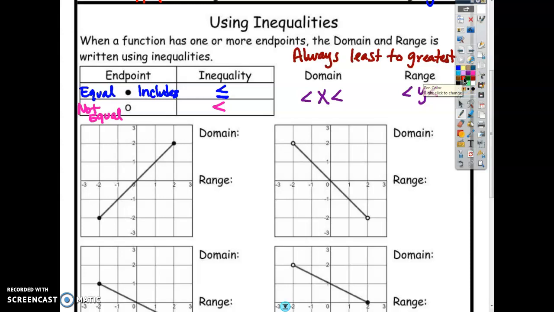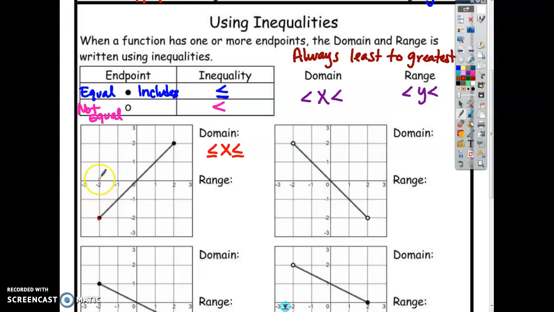So let's go ahead and do this example. Okay? It has closed circles on both ends, right? So which symbol am I going to use for this? This one, the less than or equal to one, okay? So when I write my domain, I'm going to have these symbols, but with a line underneath it because it's closed circles. Okay, and just how we did it yesterday when we looked at the points, I'm going to look at this point right here.